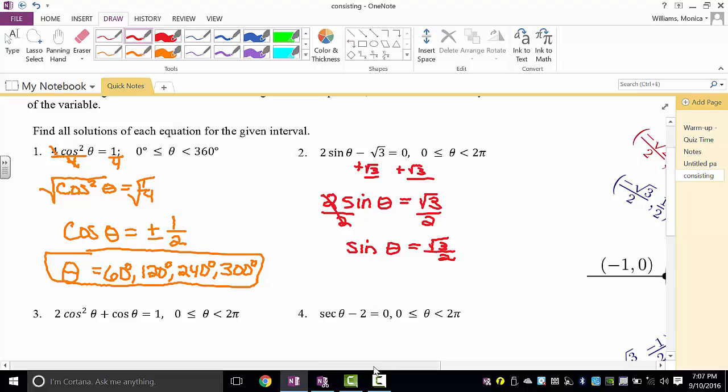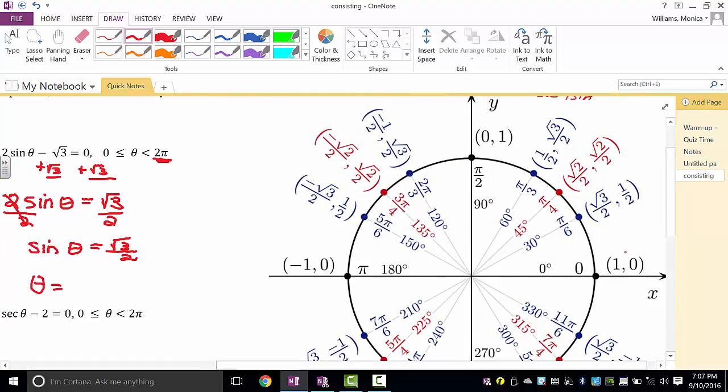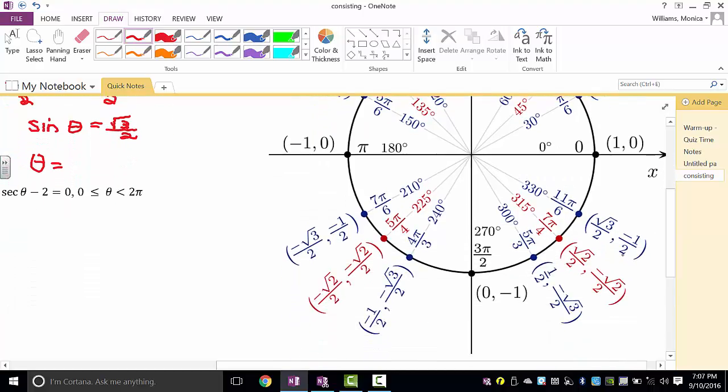So at this time, you go to your unit circle and you want to find all angles in radians this time where the sine value is radical 3 over 2. We're looking at the y values for sine, and we're looking for radical 3 over 2 here at pi over 3, and radical 3 over 2 here at 2 pi over 3.